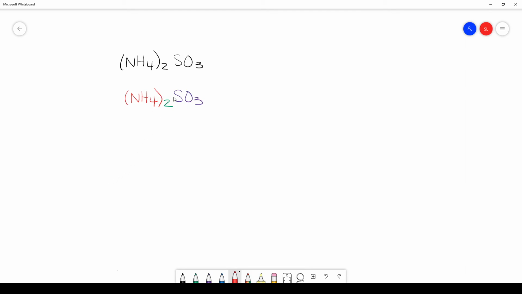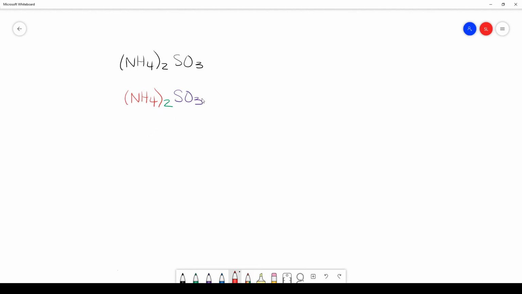Even though I already have all the symbols and such, I need to write out these ions very clearly, because once I do, the final step between chemical formula and name is really straightforward. But what we're doing right now tends to be the tricky part. So if you can figure this part out and get it right every time, that final step where you write the name becomes pretty easy.